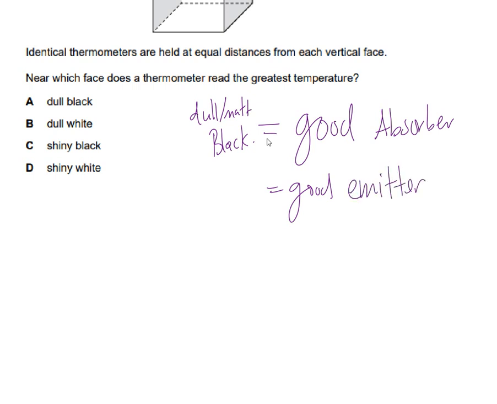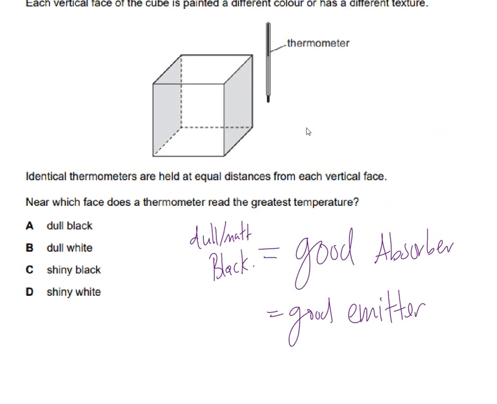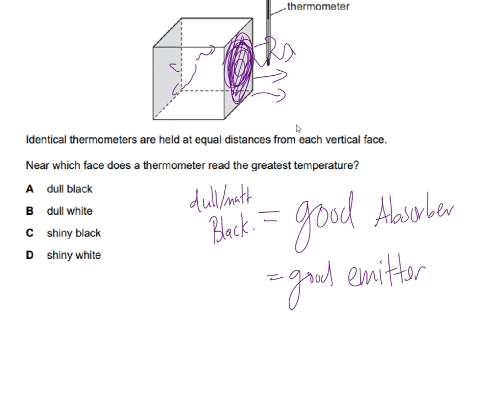So this means that if the heat is going outwards, the black part is going to absorb it first. Once the black part has absorbed it for some time, it's going to radiate it afterwards. So therefore the answer is going to be A in this case.